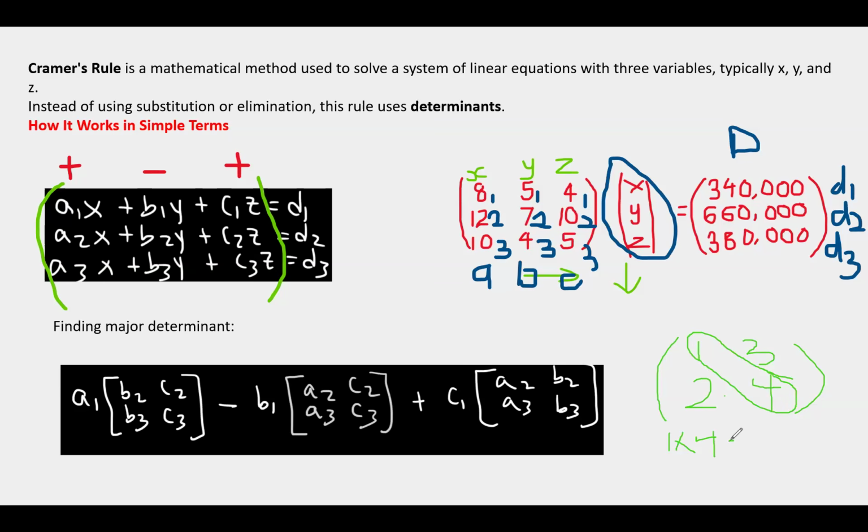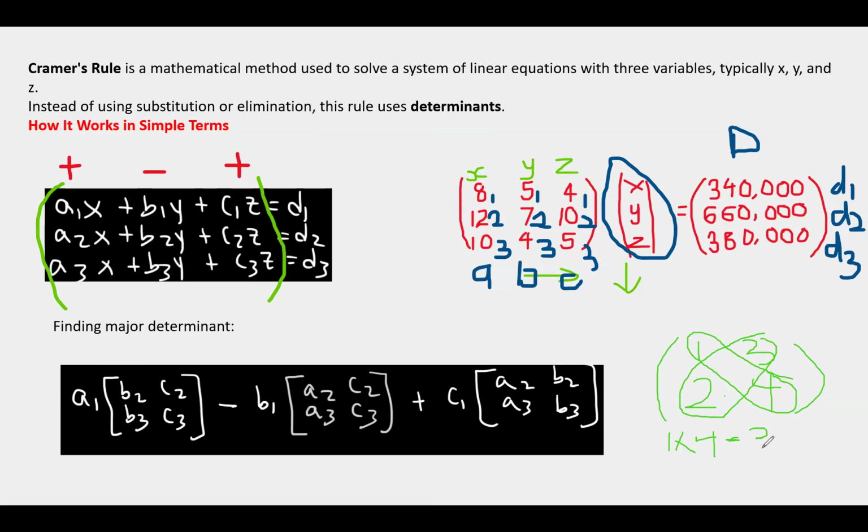minus, guys, please be very keen not to multiply here. When we are finding a determinant, we subtract the minor from the major. This diagonal is the major, and this, where we have the 3 and the 2, is the minor.